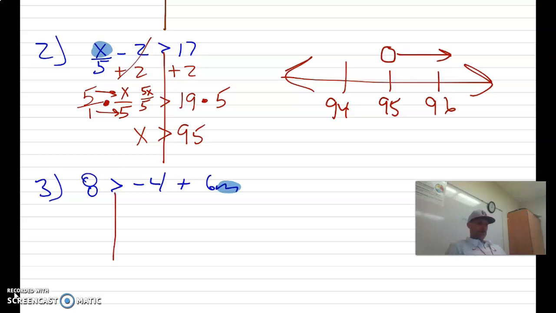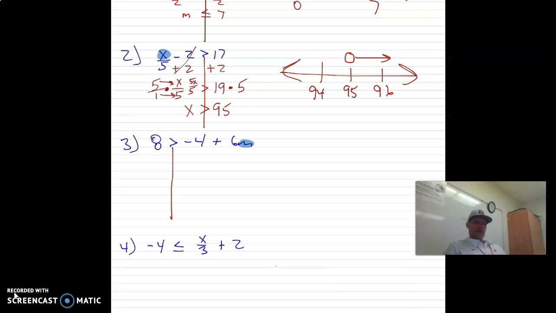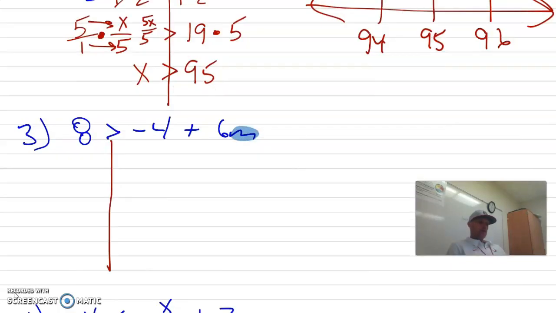So I'm just going to draw my line. I want to get the m by itself by doing inverse operations. What's the opposite of minus 4? Plus 4. You do it to one side, you have to do it to both. So we've got 12 is greater than, remember negative 4 and positive 4 is just 0, then 6m. Golly, that's ugly.